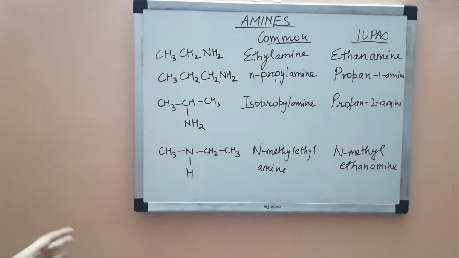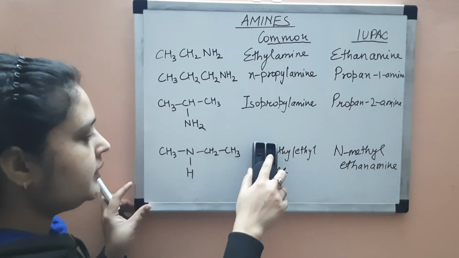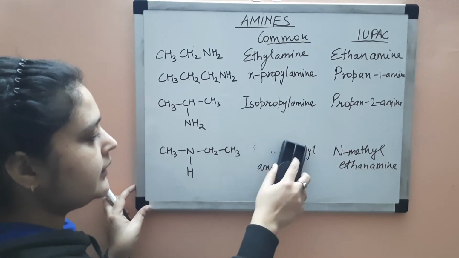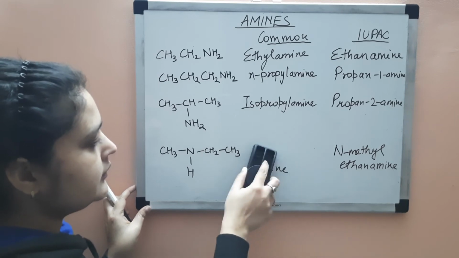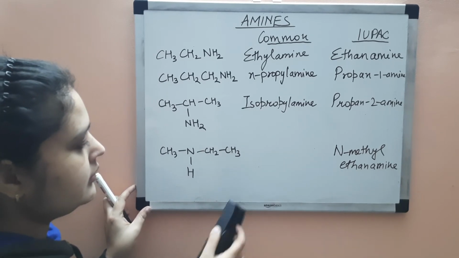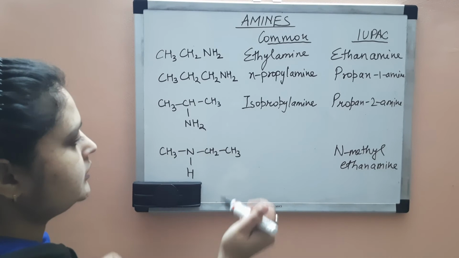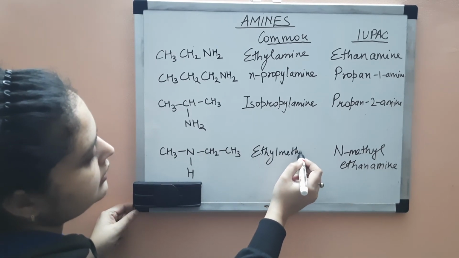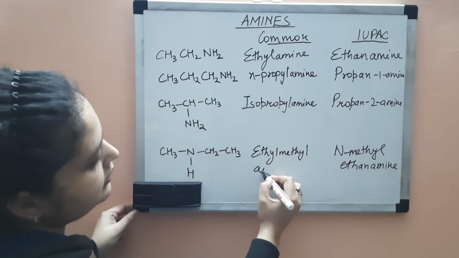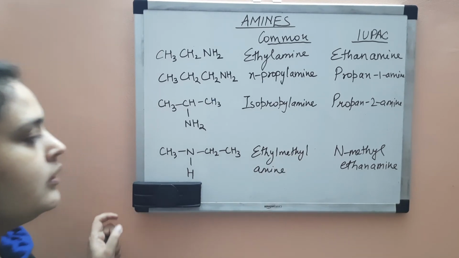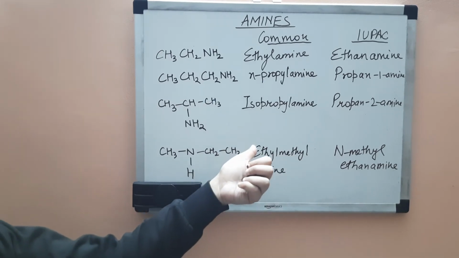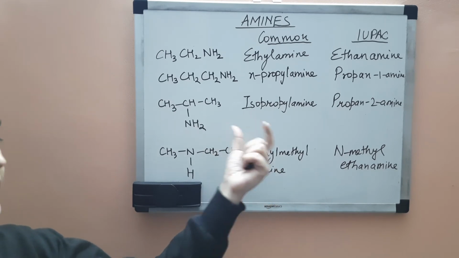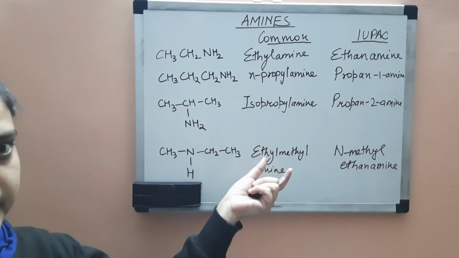Let us take some more examples now. In the common nomenclature here, N-methyl ethyl will not be there. Instead, it will be ethyl methyl amine. Why is it so? Because the substituents are named in alphabetical order.